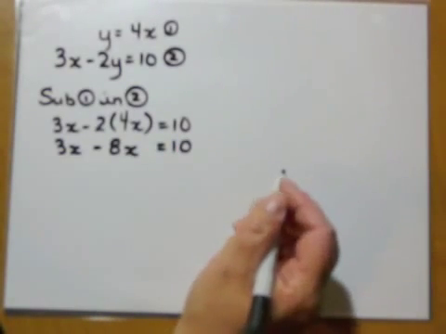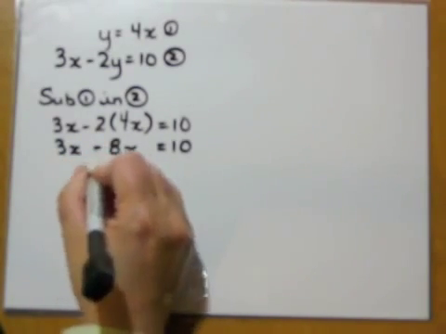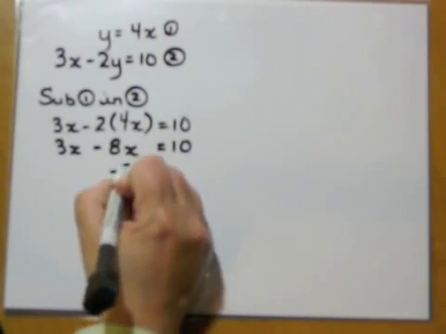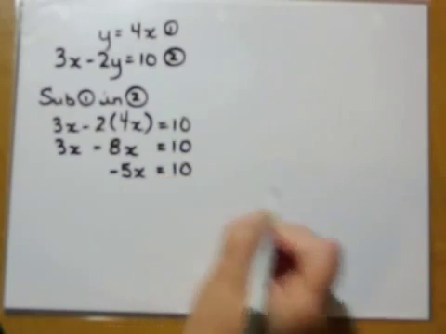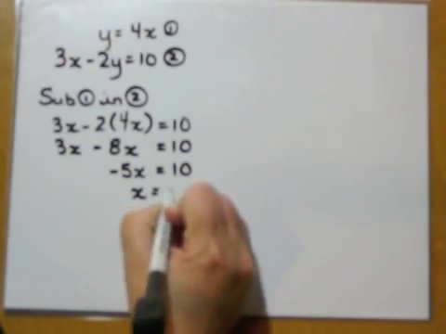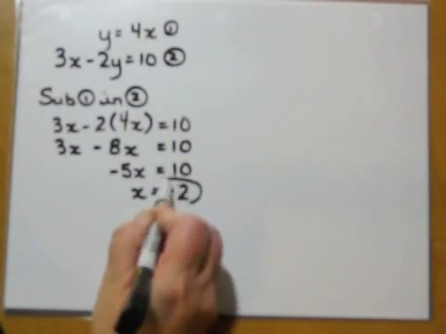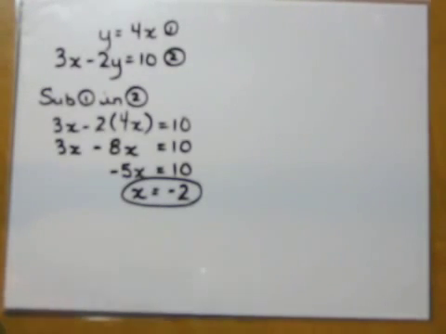And 3x minus 8x, when we put those together, these three positives cancel out 3 of those negative x's, and so I'm left with negative 5x equals 10. And now we'll divide both sides by negative 5, and I know that x equals negative 2. So I'm halfway done. I now know what the x point is. I just have to figure out what the y point is.